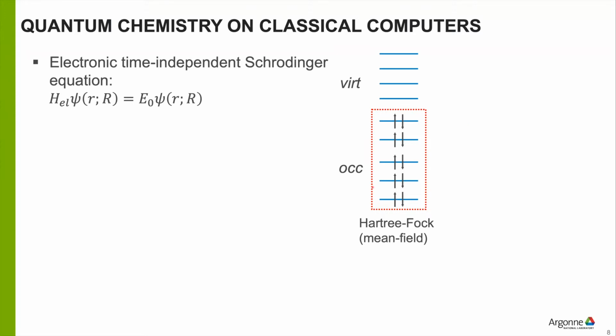And so in this diagram here, the blue bars are basically the molecular orbitals, and up and down arrows are electrons with spin up or spin down. And the orbitals that are occupied in Hartree-Fock I'll refer to as occupied, and the virtual orbitals are unoccupied orbitals.